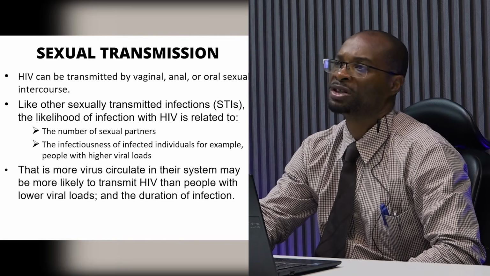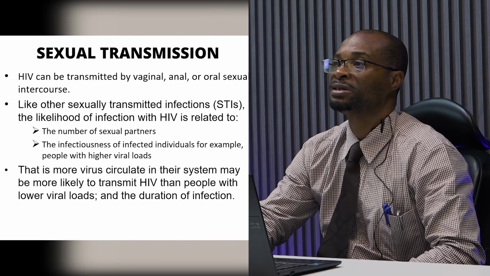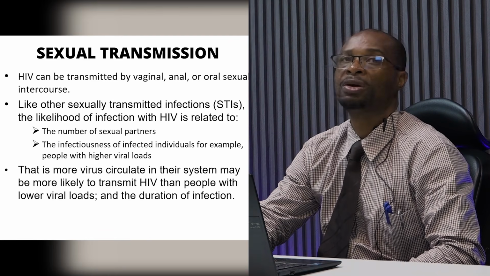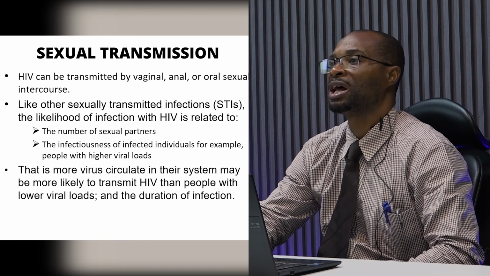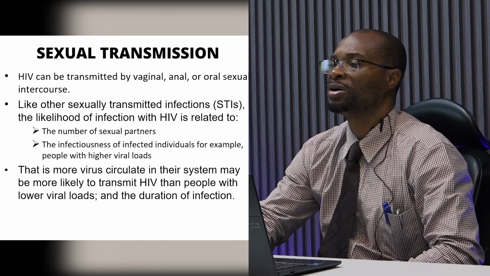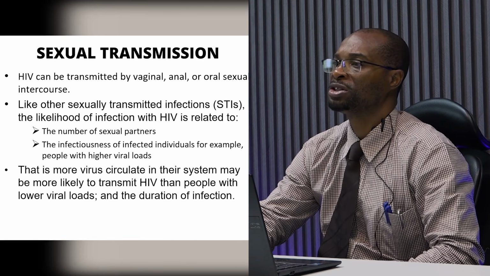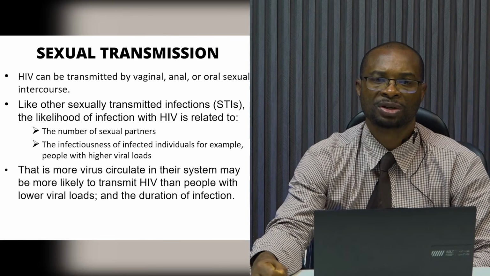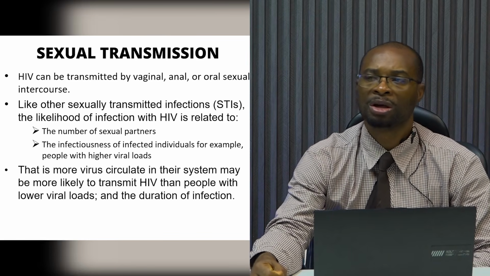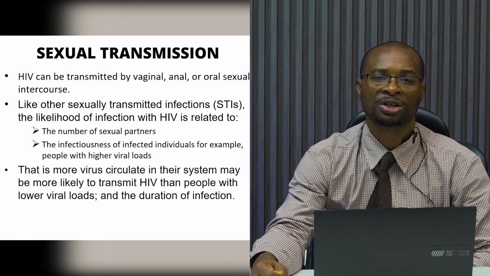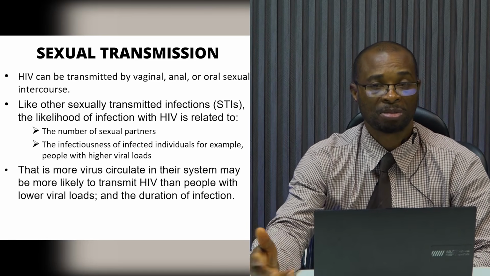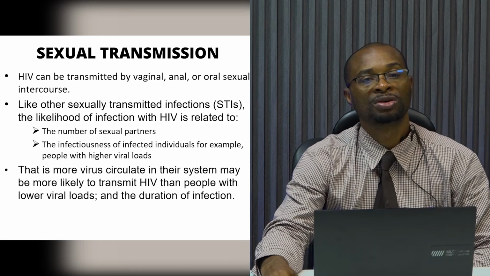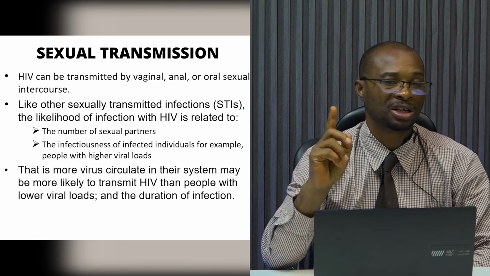HIV can be transmitted by vaginal, anal, or oral means. During our sexually transmitted infection class, we talked about how there has been a change in sexual orientation. Sexually transmitted infections are becoming very, very common now because of the number of sexual partners that people are having and also the infectiousness of the infected individuals.